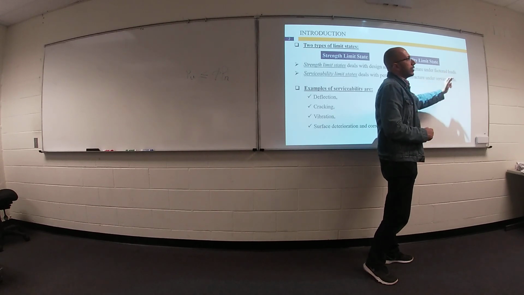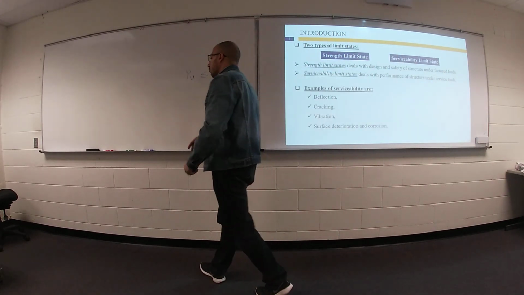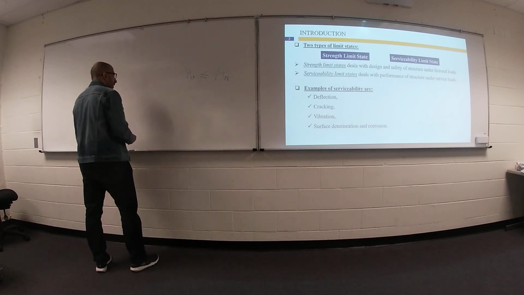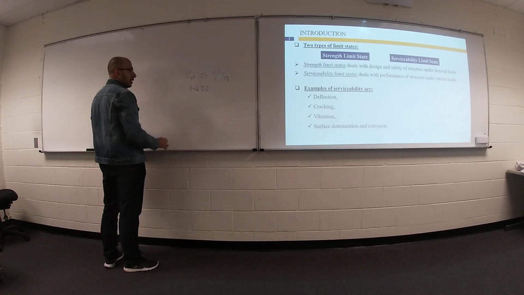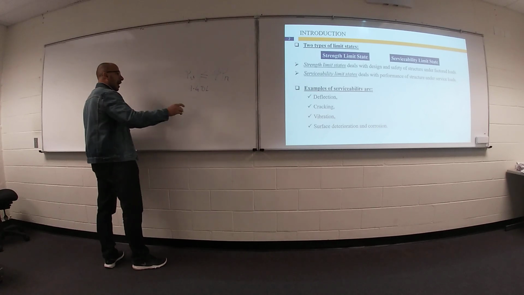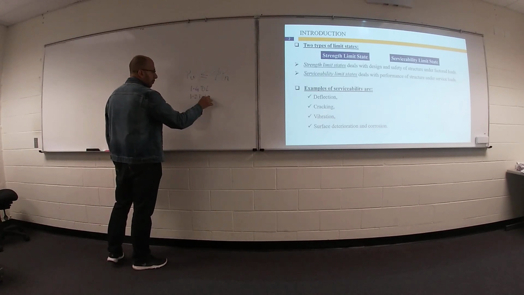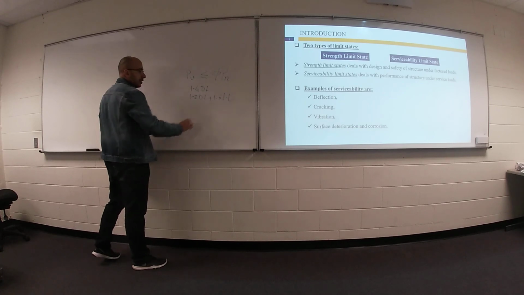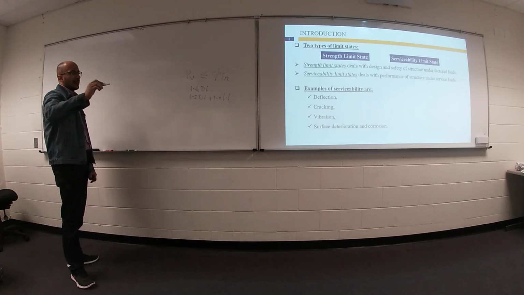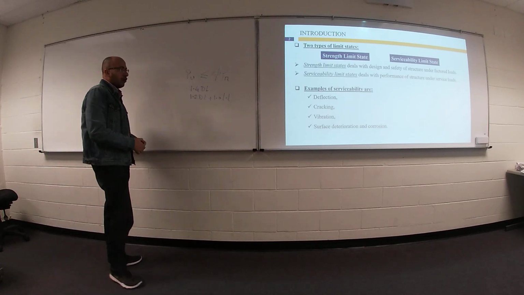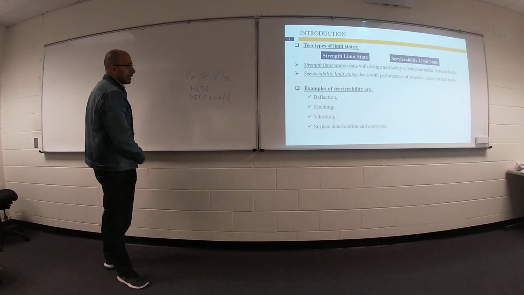factored load. What do you mean by factored load? If you are talking about dead load only, 1.4 dead load. If you are talking about dead and live, 1.2 dead load plus 1.6 live load. If you are talking about dead and live and wind, or dead and live and earthquake, all of this stuff, all of the combinations we did before.